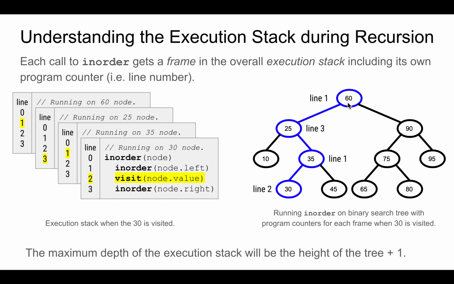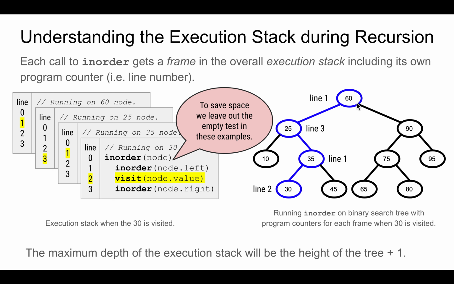So, for example, at this moment, when we're looking at the node containing the value 30, we had started running on the root 60, and then as we were running on the root 60, we're considering the node which contains 25. We are then considering the node that contains 35. We're then considering the node that contains 30, and all of those are running at once. They're just sort of paused and running.